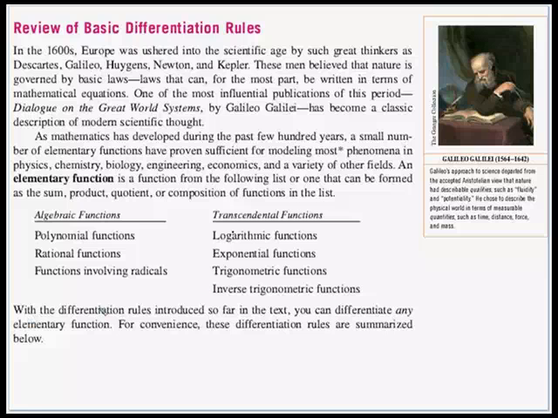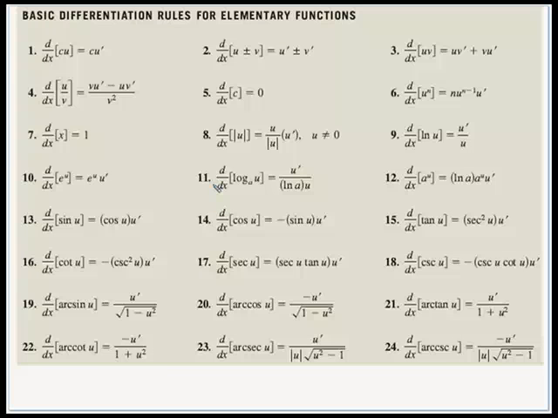With the differentiation rules introduced so far in this text, you can differentiate any elementary function. For convenience, the differentiation rules are summarized here. So all the way back to our constant multiple rule, sums or differences. Here's our product rule, the power rule, derivative of a constant, the quotient rule, the natural log function, log base a, e to the u.